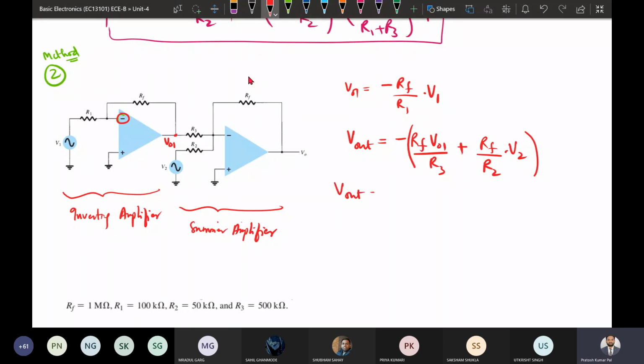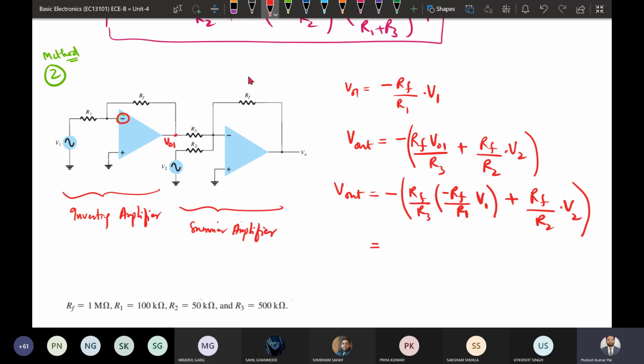From there you can just see, by putting the V01 value here, it is minus RF times V01, which is given by minus RF by R1 into V1, plus the second term RF divided by R2 into V2. Are you able to get this point?